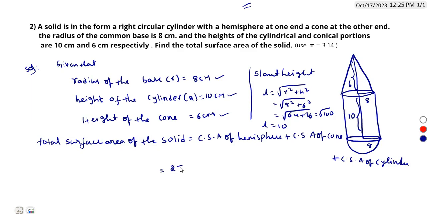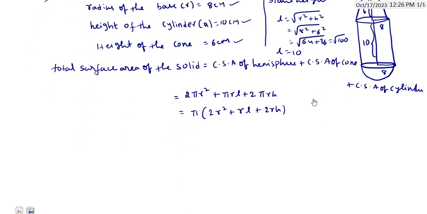CSA of hemisphere is 2 pi r square, plus CSA of cone pi r l, plus CSA of cylinder 2 pi r h. In this, pi is common, remaining 2 r square plus r l plus 2 r h. Now substitute these values.